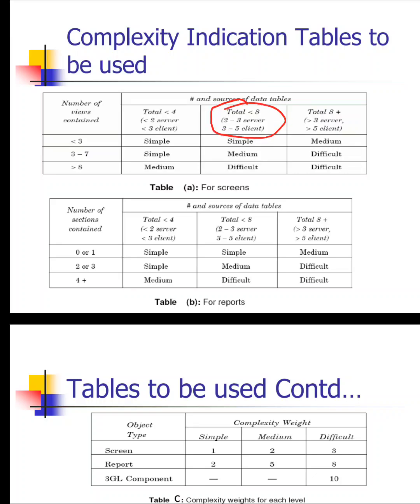So we have a total of less than 8, with 3 servers and 4 clients, so column number 2, and views 4, which is 3 to 7, row number 2. When we look at this, we understand that the level is medium. Alright, is it clear?